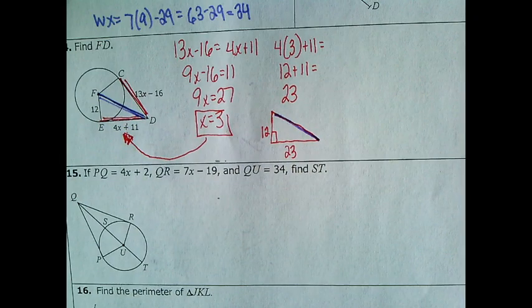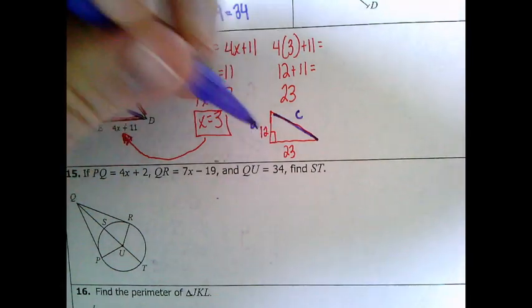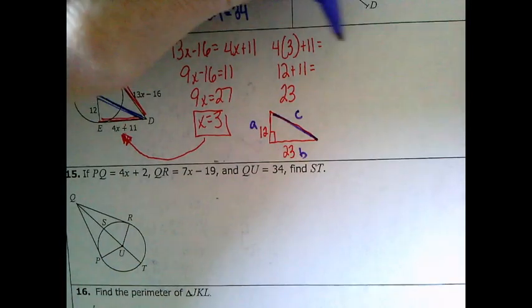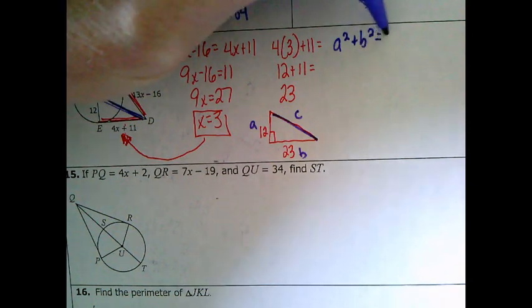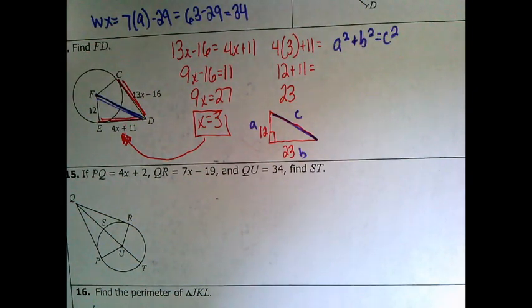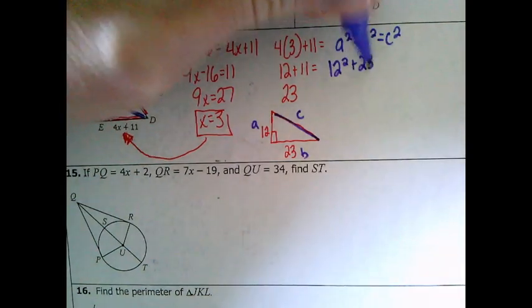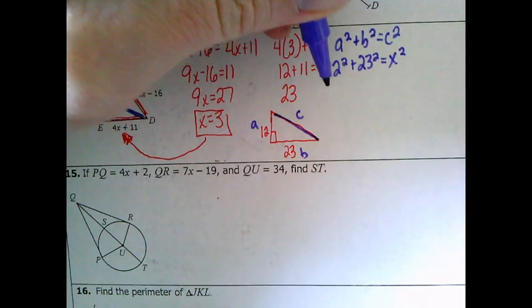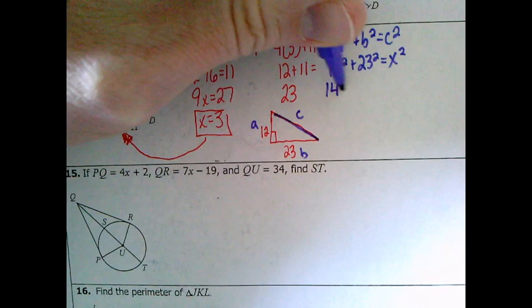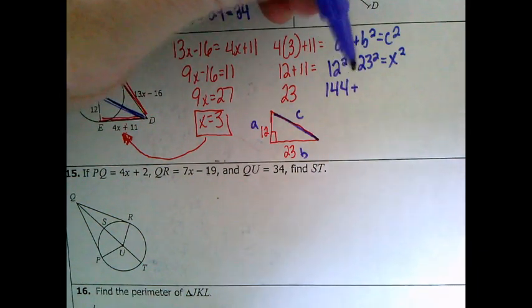So it's just Pythagorean theorem again. Right angle always points to my C. That's my A. That's my B. A squared plus B squared equals C squared. A is 12. B is 23. C is x. That's 144 plus 529.